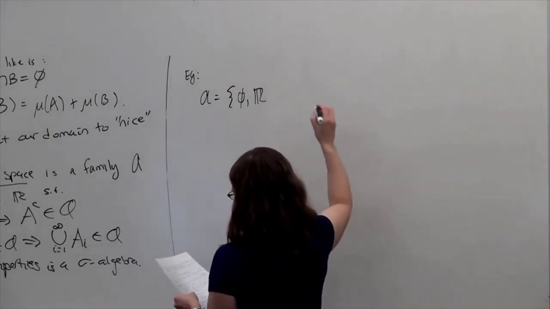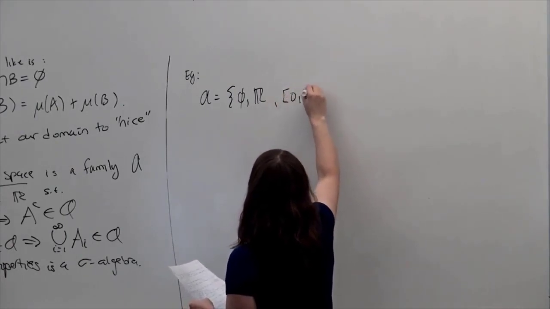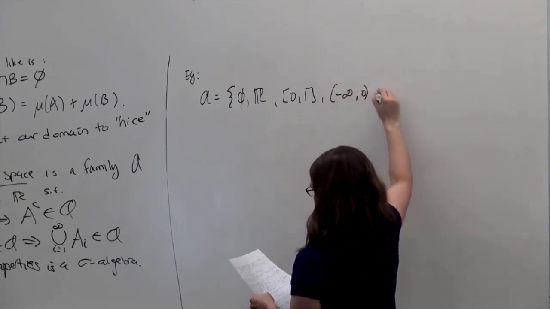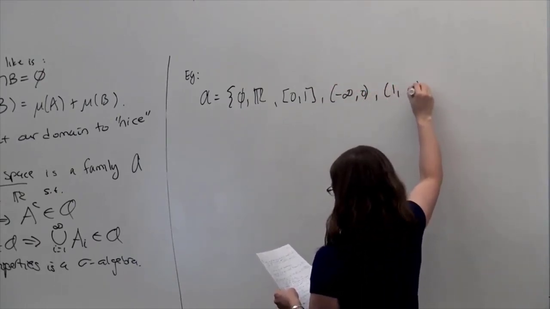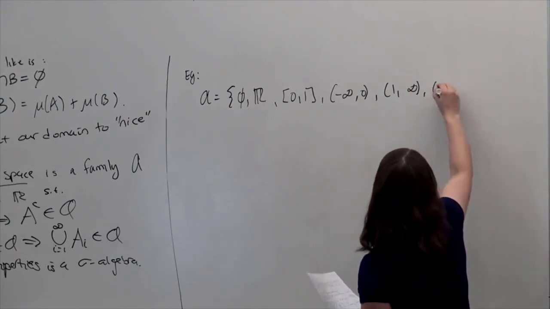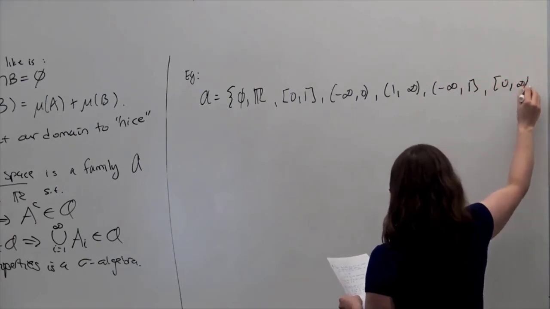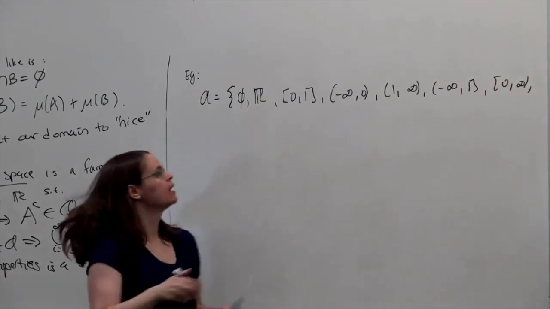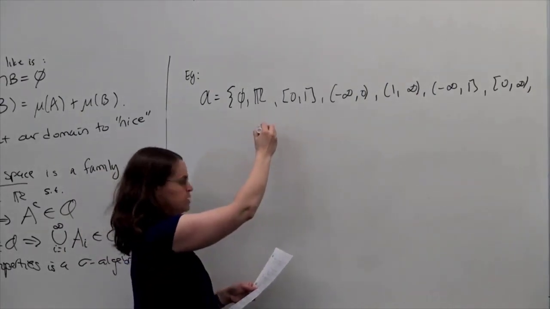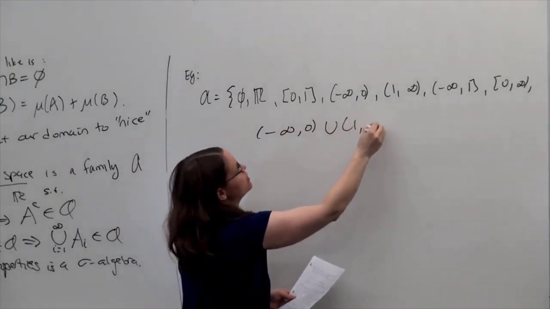And then maybe I choose to take, say, 0 to 1, minus infinity to 0, 1 to infinity, minus infinity to 1, 0 to infinity. And you know, all possible unions have to be in here. So what else? Minus infinity to 0 union with 1 to infinity.